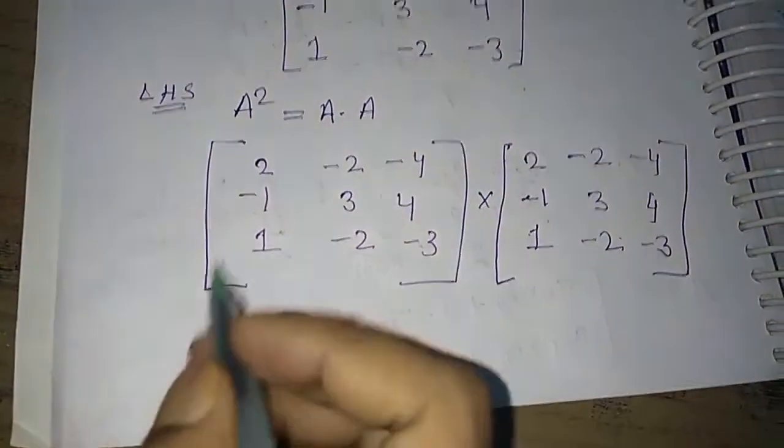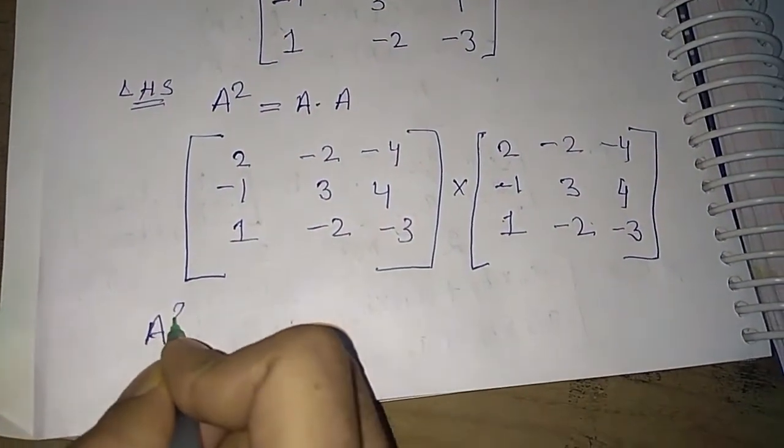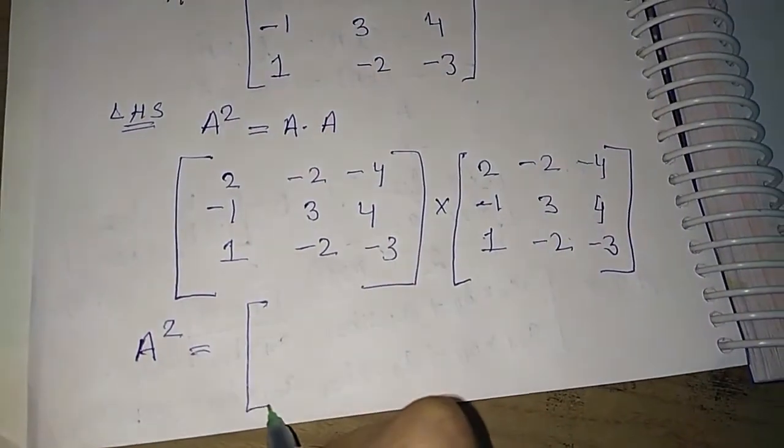Now let's multiply. The result will be given as A squared.